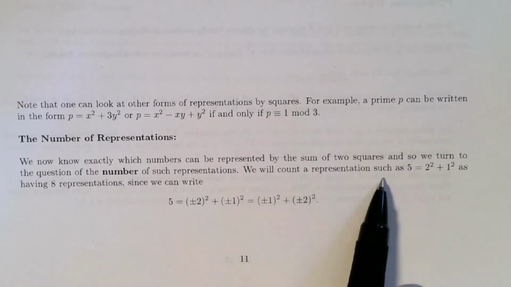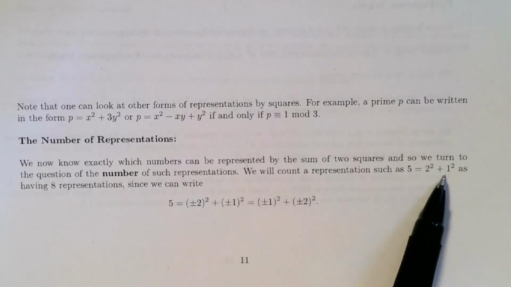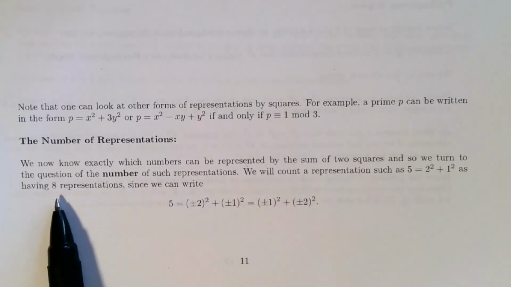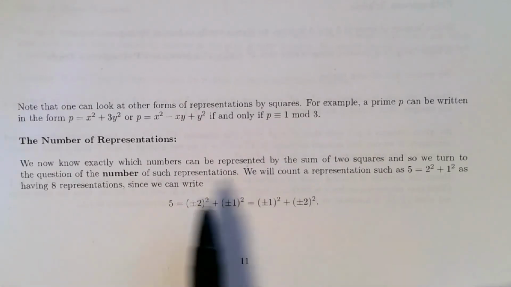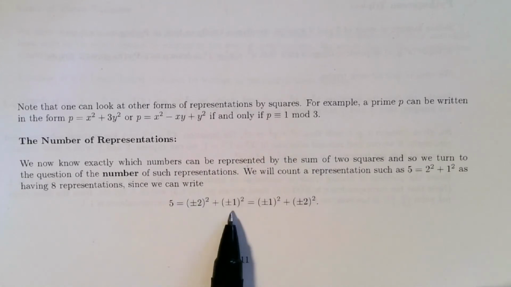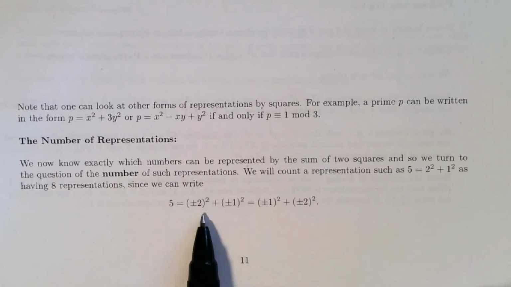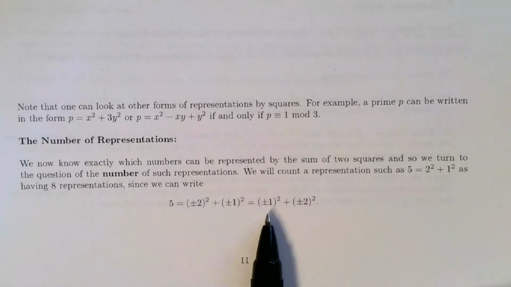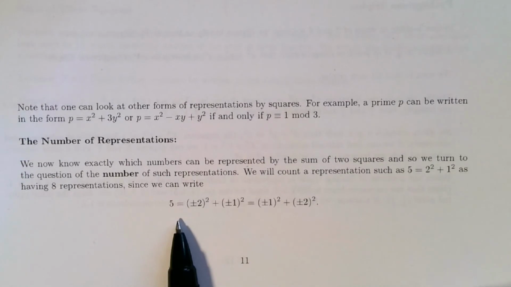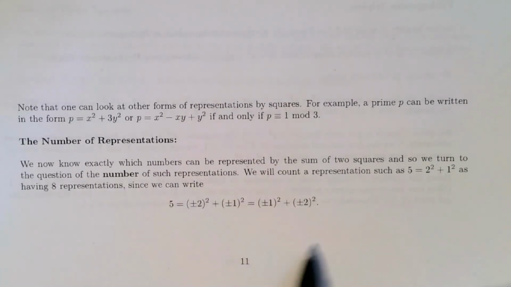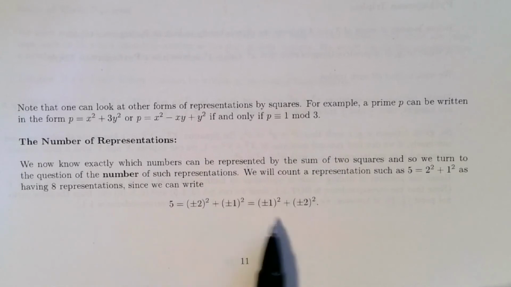We'll count a representation such as 5 as 2 squared plus 1 squared as having in fact 8 representations, because you can write this as plus or minus 2 squared plus or minus 1 squared, or you can turn them around the other way and write it as plus or minus 1 squared plus or minus 2 squared, and if you count all that up, that gives you 8 different representations. It turns out to be convenient to look at it this way. And if you want the number of essentially different representations, that is ignoring the order and the signs, you can just divide by 8.